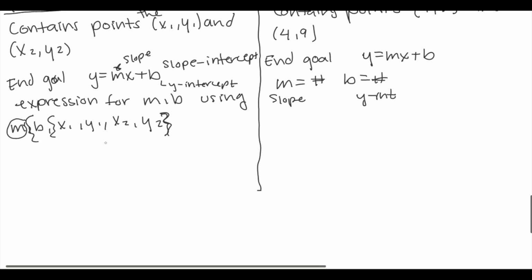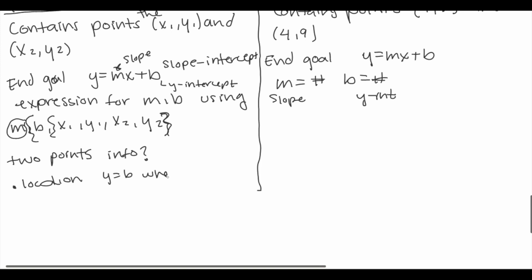We have points and we want to get there. So let's think about what 2 points give us. We can first talk about their locations. Some of them might have interesting locations. We know that y is equal to b when x is equal to 0.